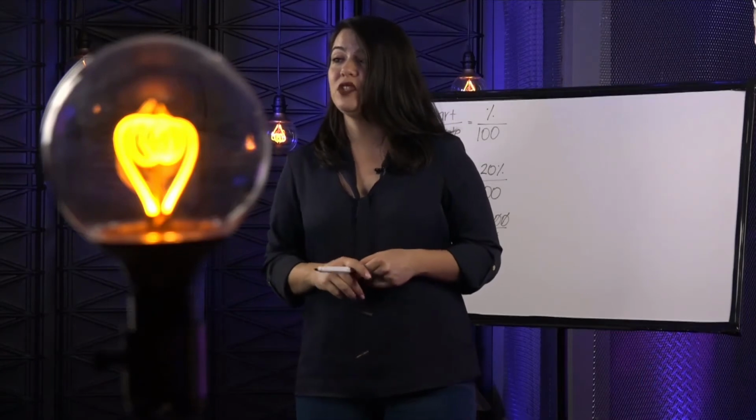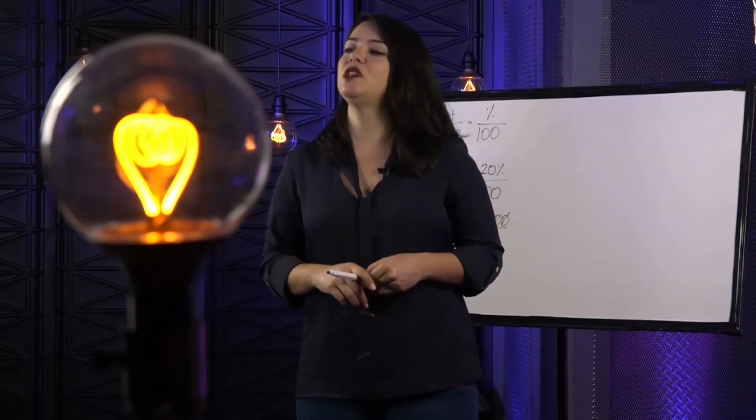So here it gives us the percentage and it gives us the number of households. If 10,000 is the number of households, then 10,000 is the whole. And once again, we are looking for the part.